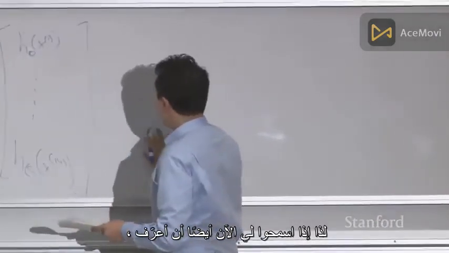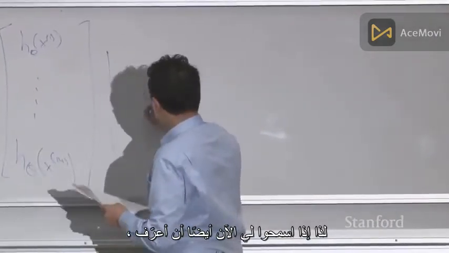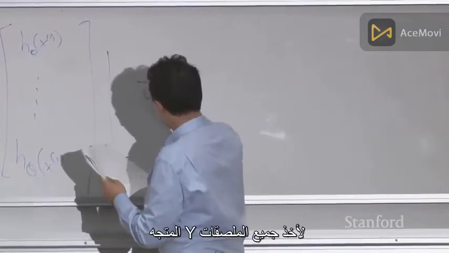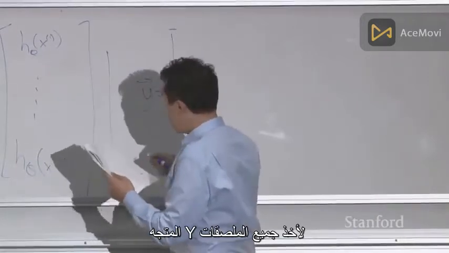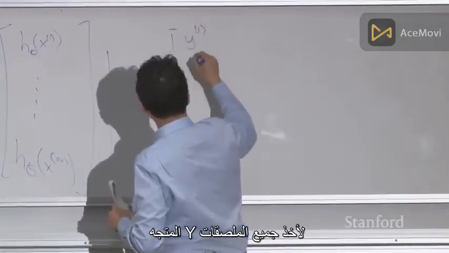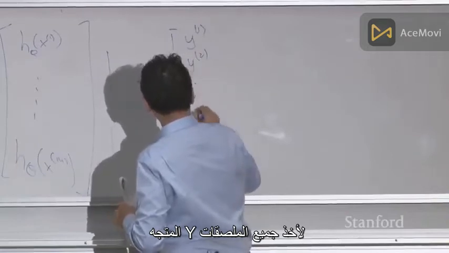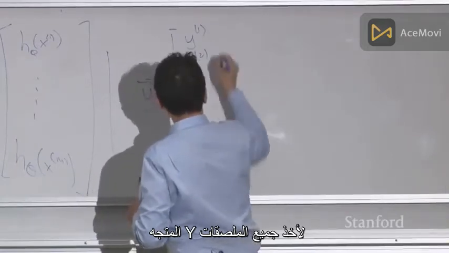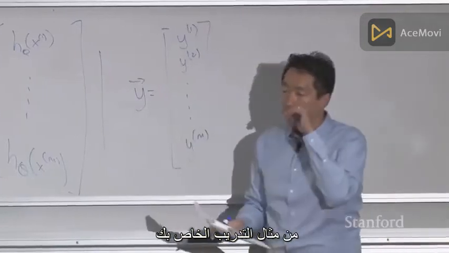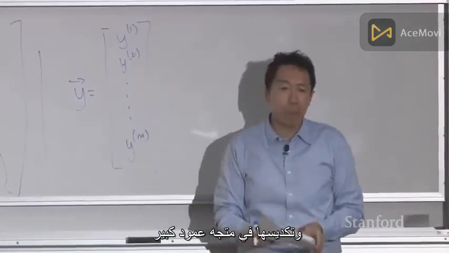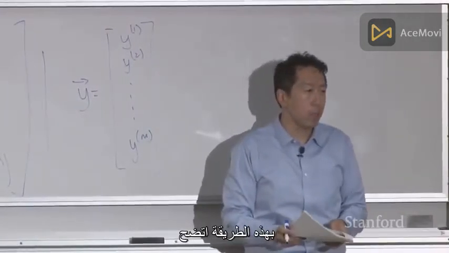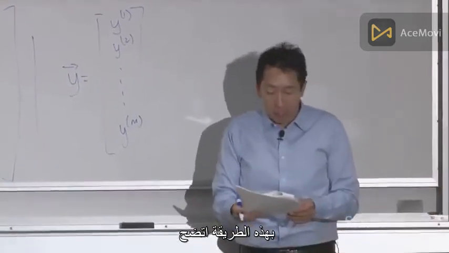Now let me also define a vector y to be taking all of the labels from your training examples and stacking them up into a big column vector. Let me define y that way.